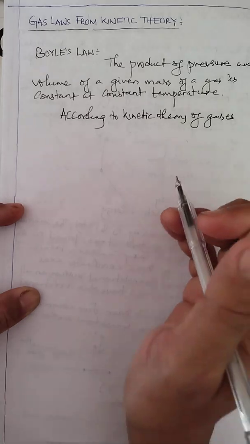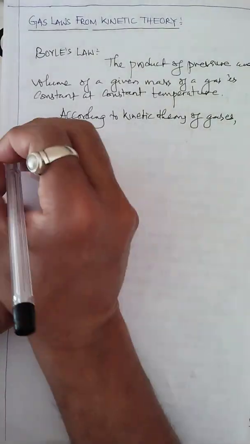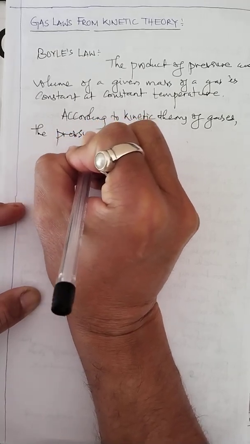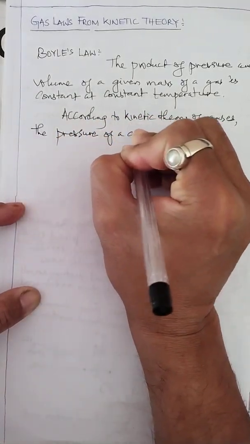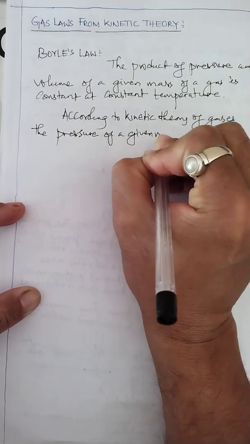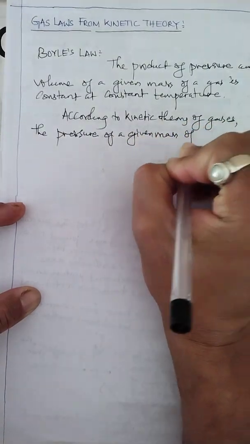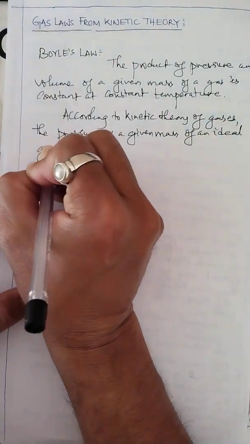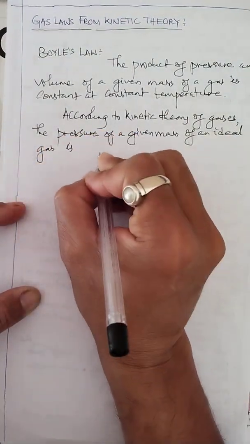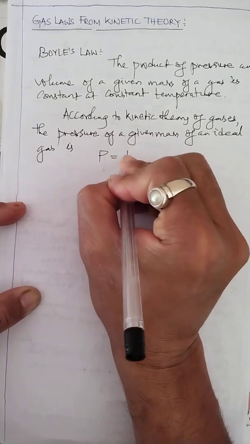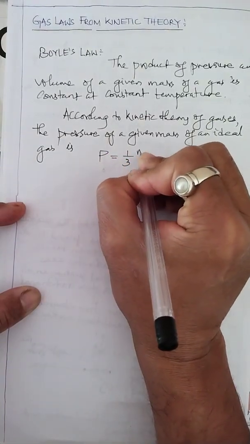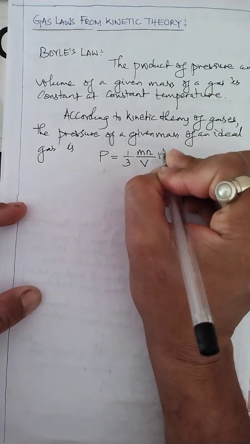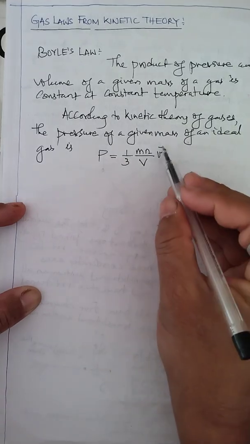Let me just write the relation. According to kinetic theory of gas, the pressure of a given mass of an ideal gas is always given by P equals 1 by 3 mn by V with mean square velocity, that is P = (1/3)(mN/V)c².